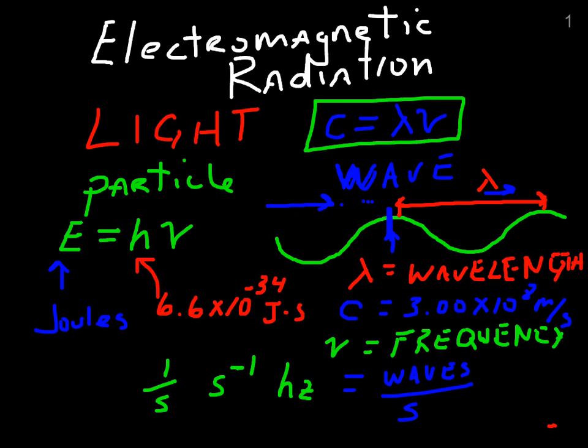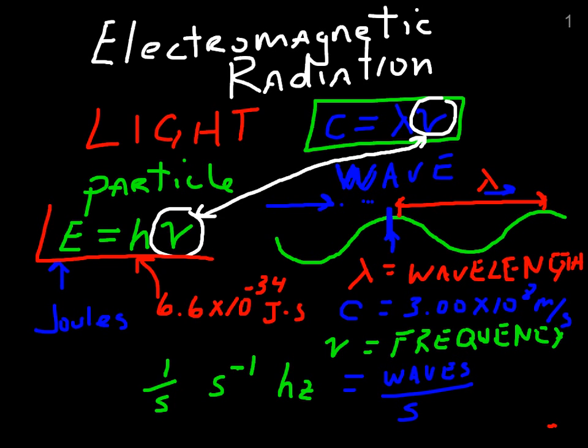This frequency is the same frequency that is in the equation that defines light as a wave, so it's a unifying deal. All of a sudden, light was described as both a particle, which this equation does, and a wave, which the other one did. Now let me show you how to do these calculations.